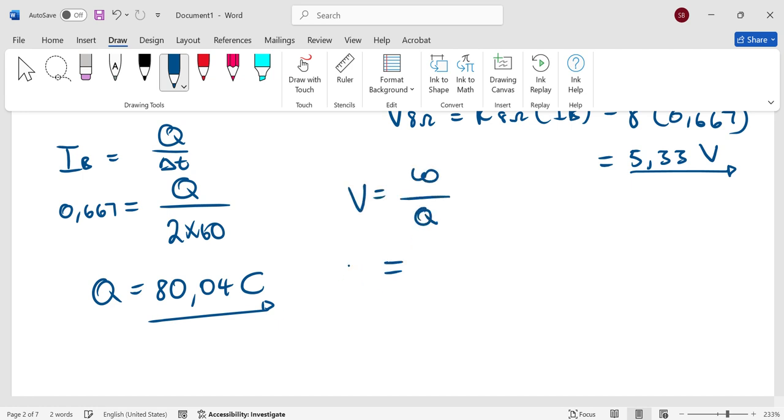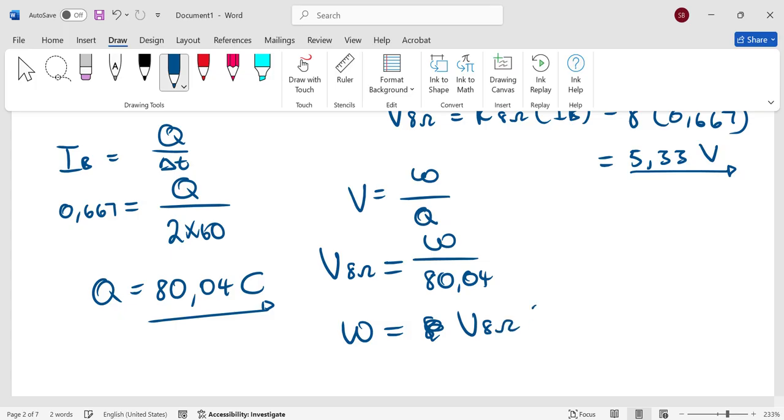And I can say now confidently that V of the 8 ohms equals the work done over 80.04. And that should be work done equals V of the 8 ohms times 80.04.